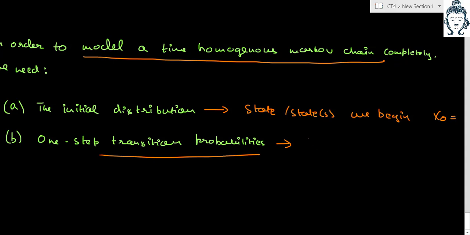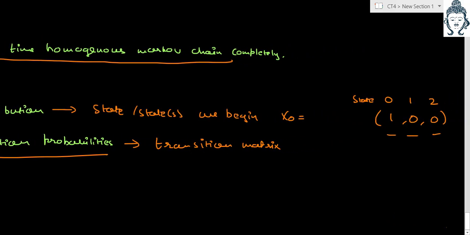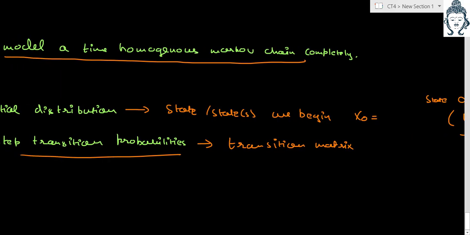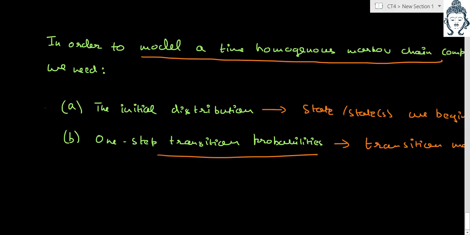So if I have the transition matrix for the Markov chain, I have the one step transition probabilities. So I can calculate the n step transition probabilities by multiplying the one step transition probabilities. So these are the two things that I need, right? And based on this, I'll start with my third method.